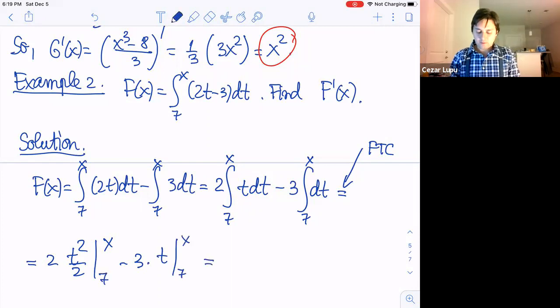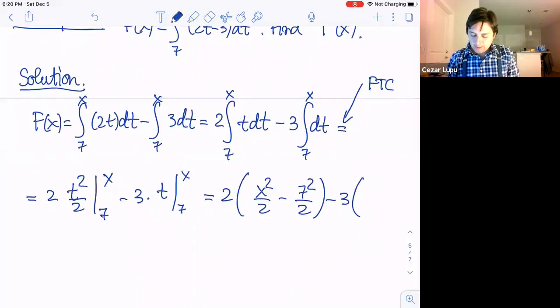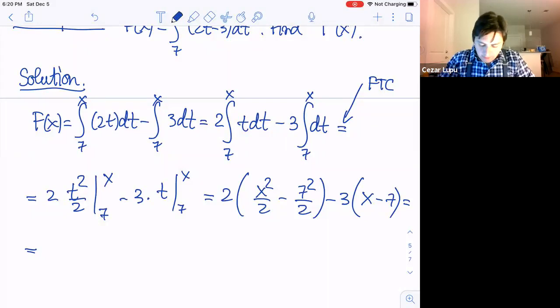And this would give us 2 times x squared over 2 minus 7 squared over 2, minus 3 times x minus 7. And now we can just do the computations here. And once we do the computations, this would give us what?